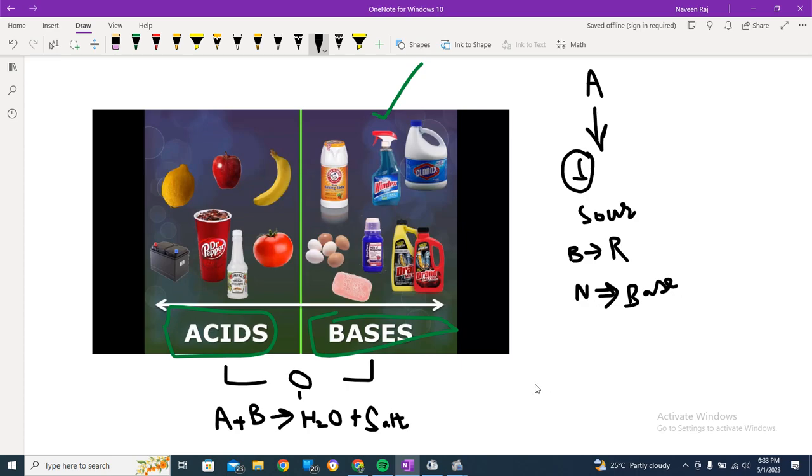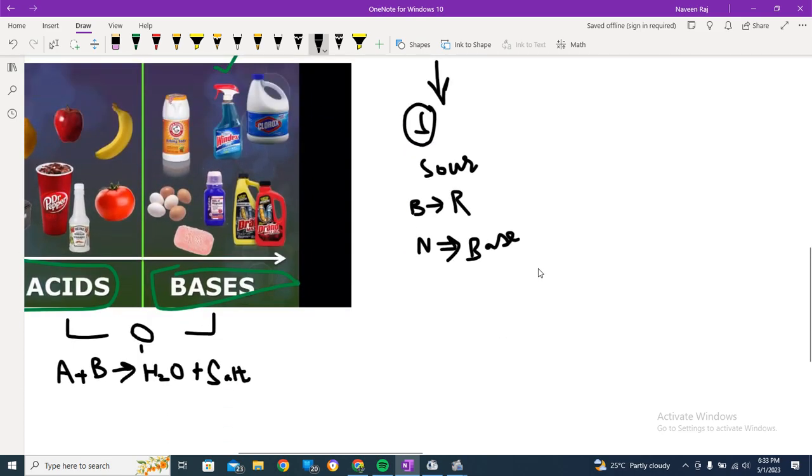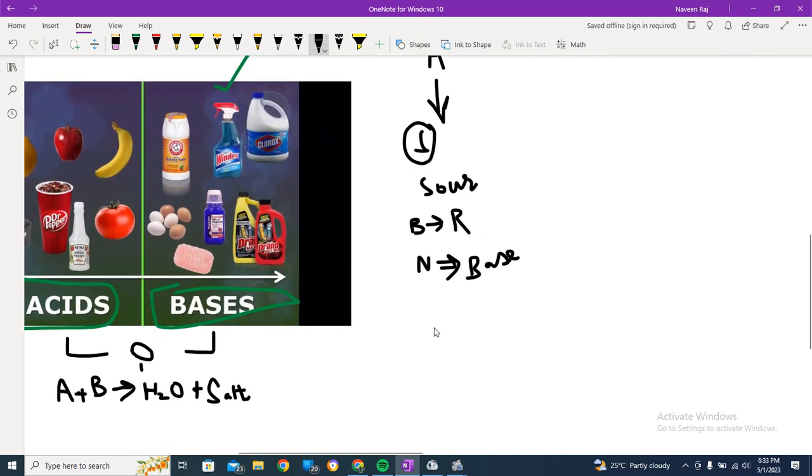This theory also said that acid reacts with active metals to produce hydrogen gas, right? Let me write the reaction. Suppose I take zinc metal and hydrochloric acid, which is a strong acid, HCl. What will happen, as the theory says?